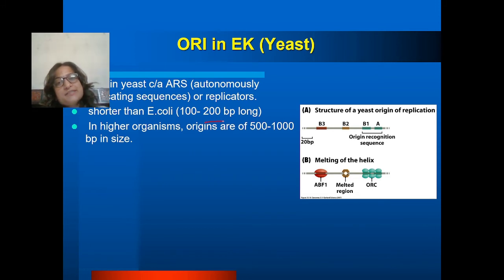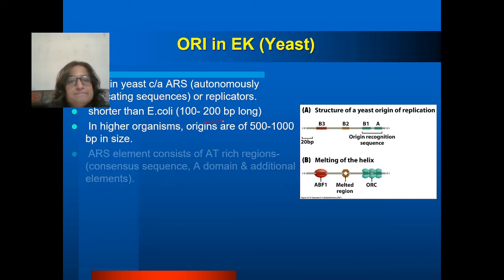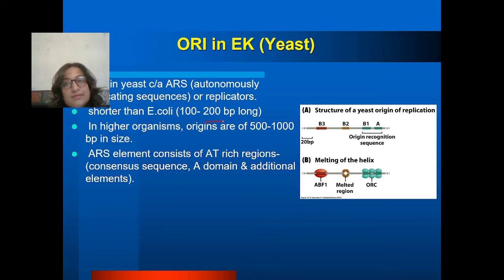Whereas in higher organisms the origins are 500 to 1000 base pairs in size. This ARS element consists of AT-rich regions, one of the common features of replication origins, and they also contain consensus sequences.